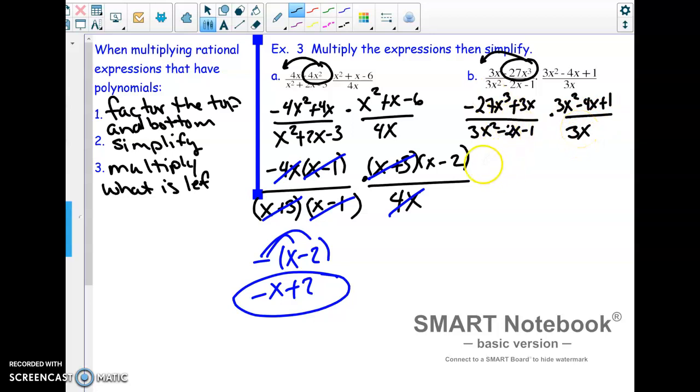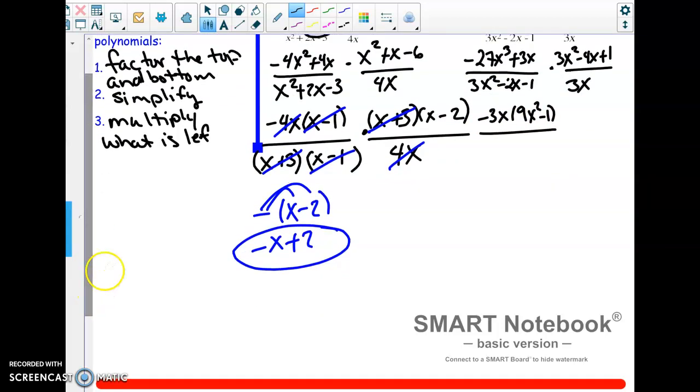Okay, I'm going to factor out a negative 3x, and I'm left with 9x squared minus 1 over, here we're going to have to do a little bit of moving, so we're going to move that 3, and I'm going to do it at the bottom. So we move the 3 so I can do slip, slide, and divide.